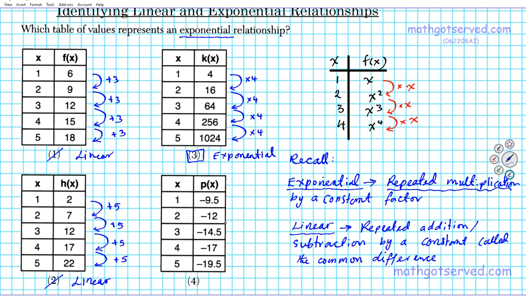Let's try repeated subtraction to see if that's the case. Okay, so to go from negative 9.5 to negative 12, you're going to advance 0.5 to 10 and then 2 more to 12. So that's equivalent to subtracting 2.5.